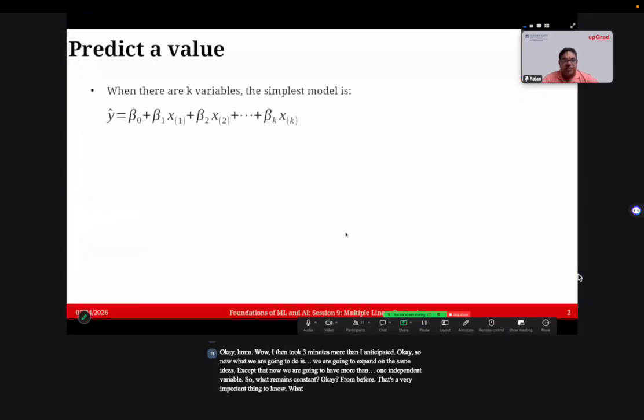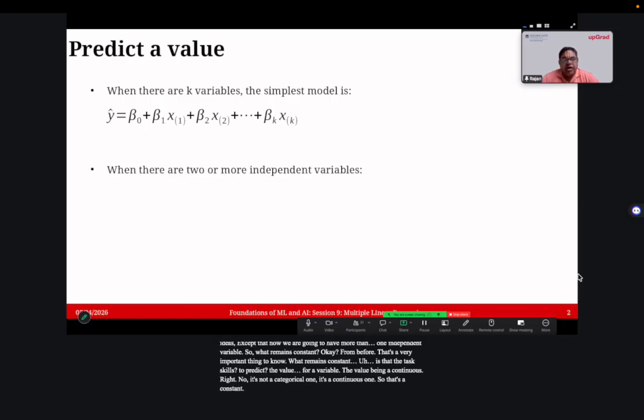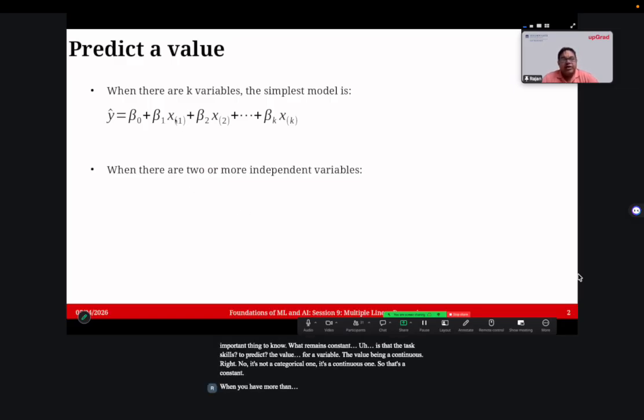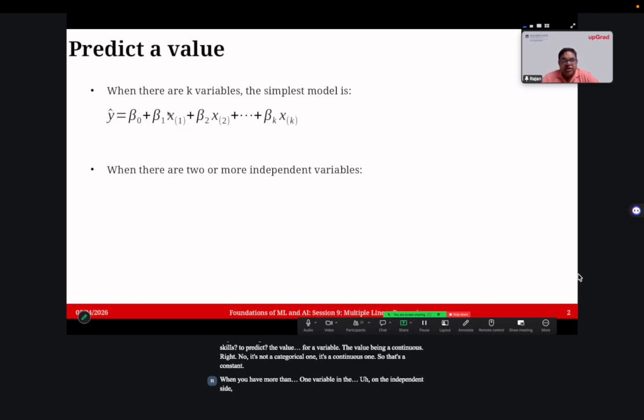What remains constant is that the task is to predict the value for a variable, the value being a continuous value. It's not a categorical value, it's a continuous value. So that's a constant.